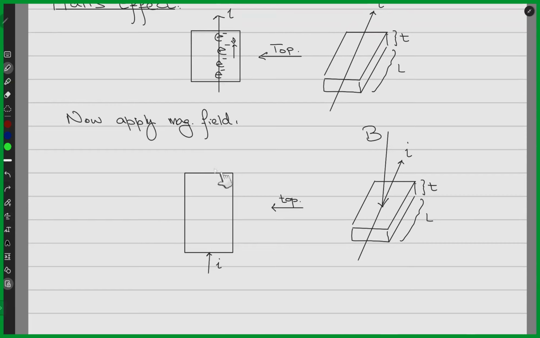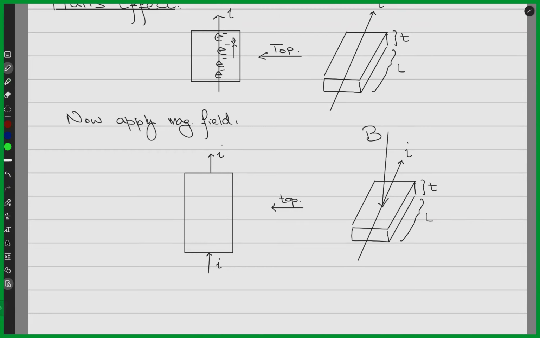The magnetic field is just applied across this conductor. Outside, there is no magnetic field. So what would you expect the electrons to do? Anyone? No idea?